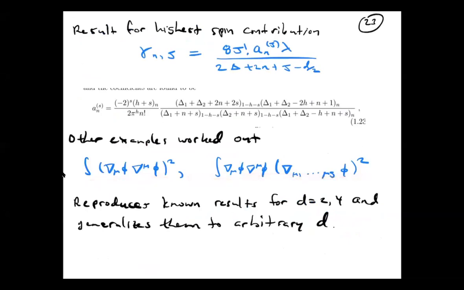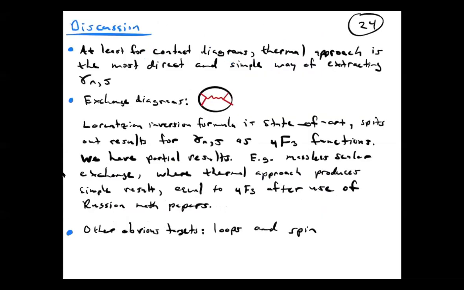In the literature you only find results for the simplest cases, like 2 and 4 dimensions, where the blocks and the propagators are known in simple forms, but the way we're doing it, things work equally easily for all dimensions. There's nothing special about one dimension or another, really. So you can easily generalize these results to arbitrary D, and of course check that they match those results for the many cases.